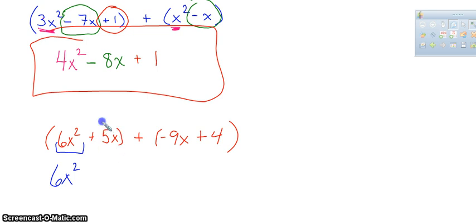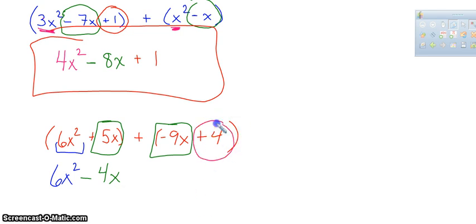Then we go to 5x. Does anything match 5x? Negative 9x does. Because one is positive and one is negative, I get negative 4x. Then what do I have left? I have this 4, and nothing matches it, so I put plus 4. This is the polynomial I get when I add them together.